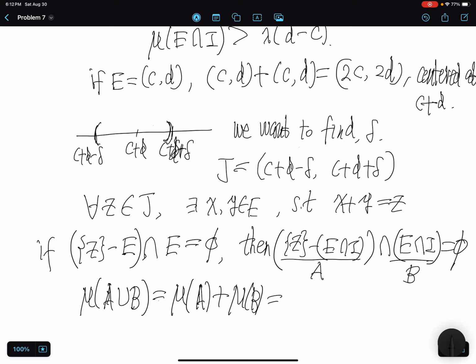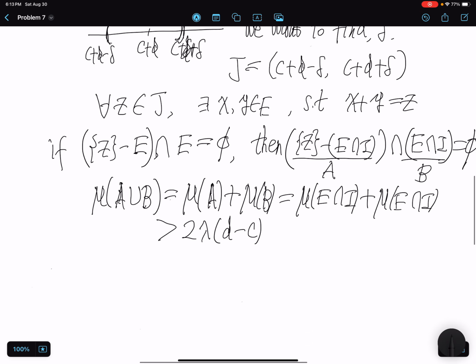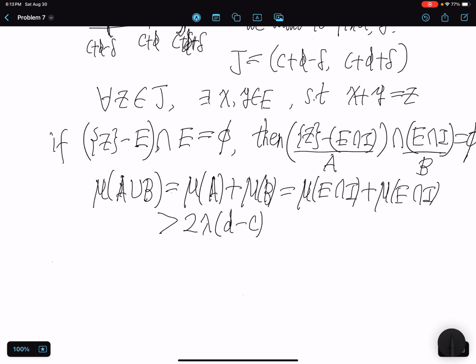Now mu A is the measure of Z minus E intersect E, which can be rewritten as minus E intersect E plus Z. Because of translation, it is actually equal to the measure of E intersect I, and this is greater than lambda times D minus C by assumption. So each is greater than lambda times D minus C. Now we want to make sure these are non-empty.